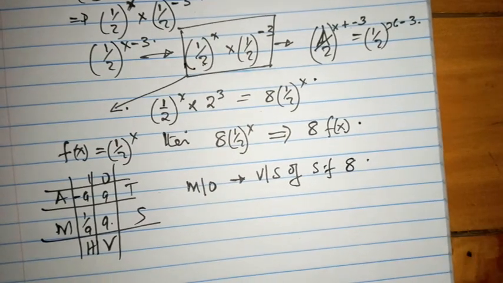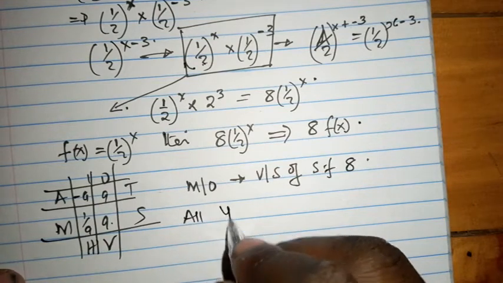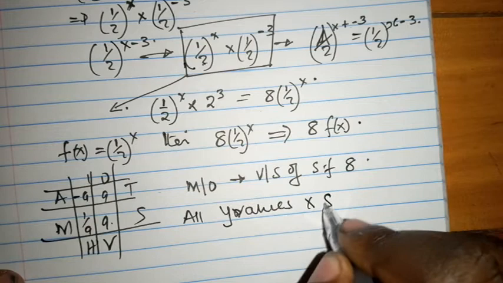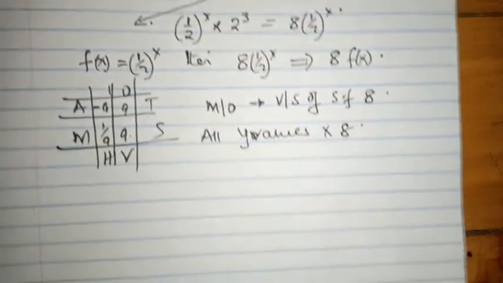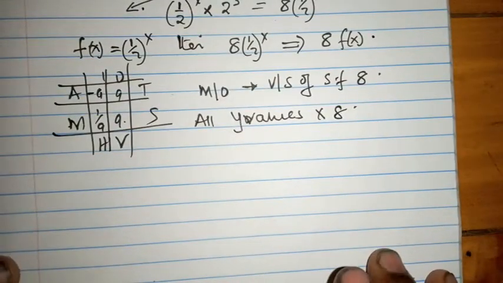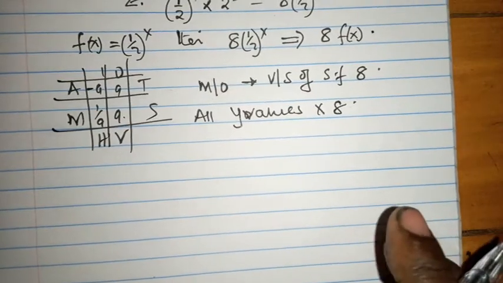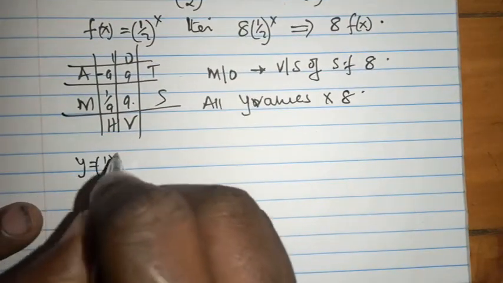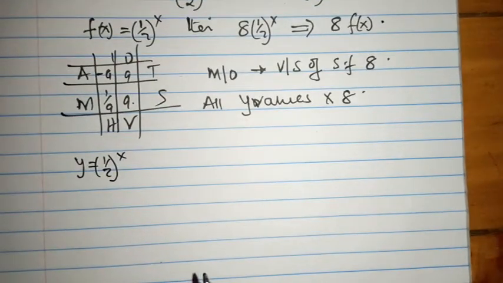What does that mean? All y values times 8. And all y values of what kind of a graph? Let us first of all have y equals a half x.